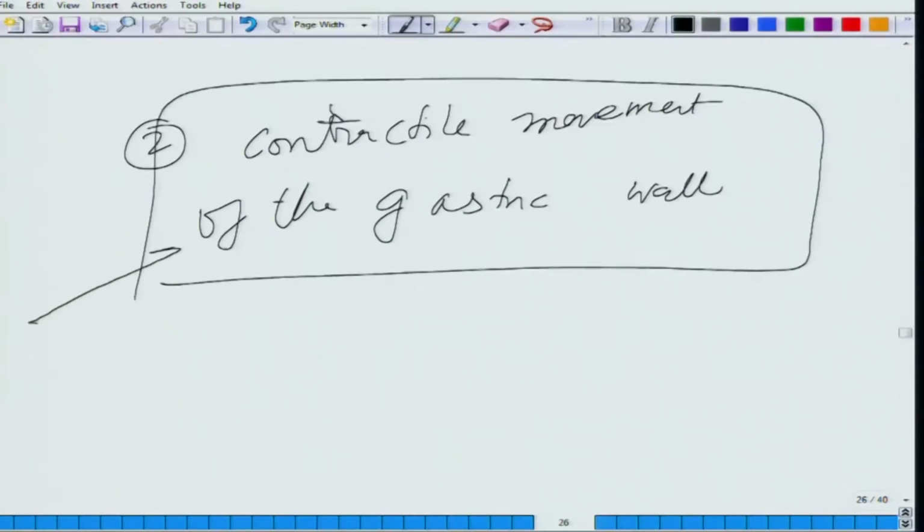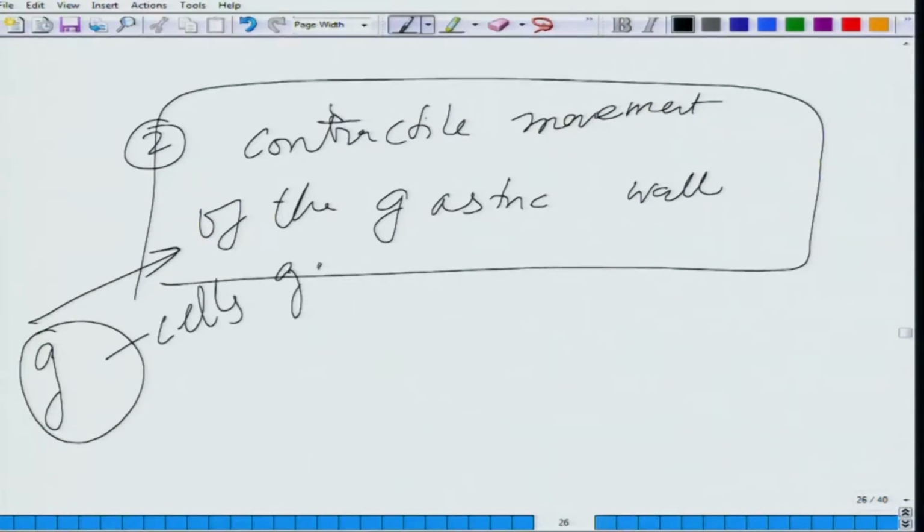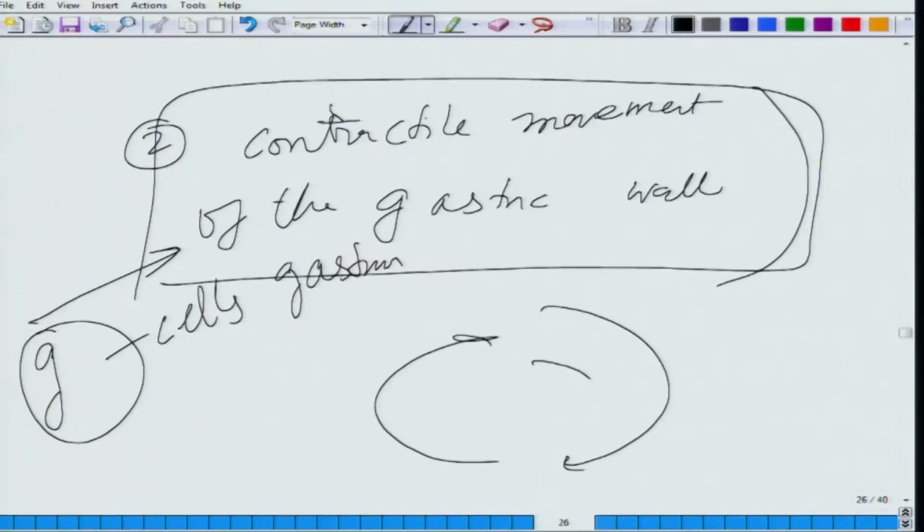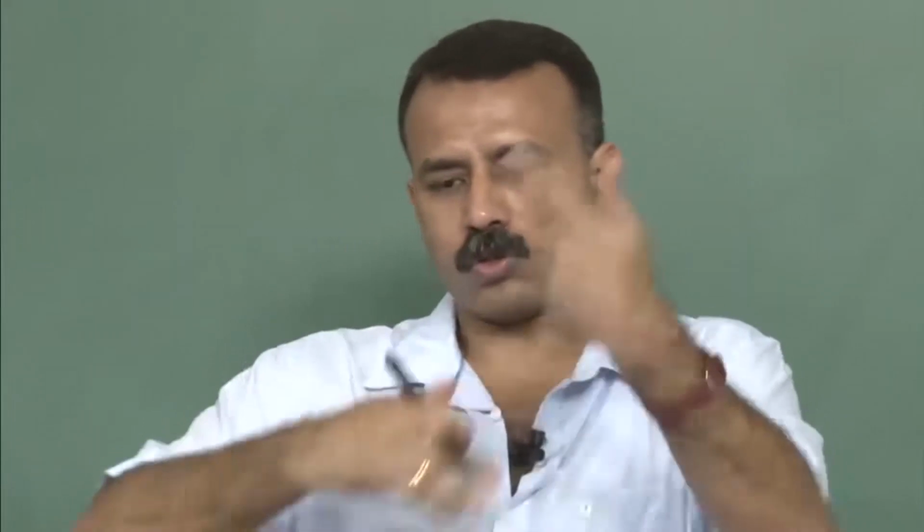This contractile movement is being supported by gastrin, and this is extremely essential. The food has to be continuously in motion, just like how you mix the dough while making bread. You have to mix it, mush it up, and push it through. That motion is promoted by this hormone called gastrin, which is secreted by those G cells at the base of the gastric pit.